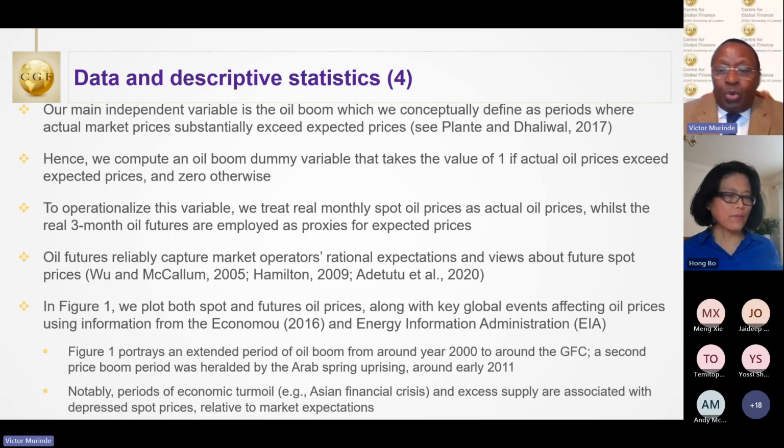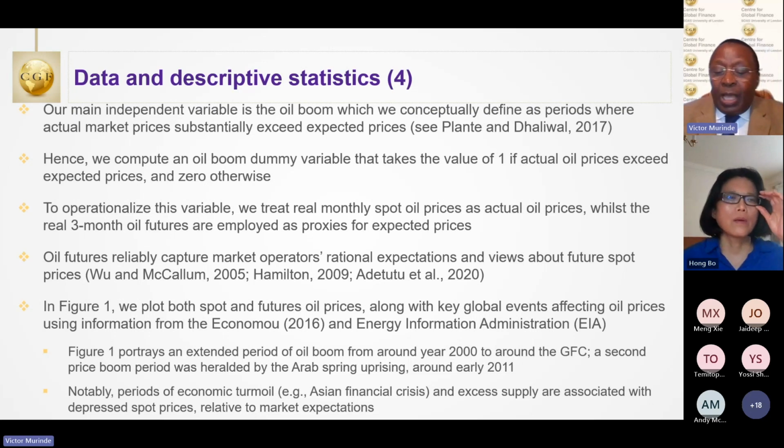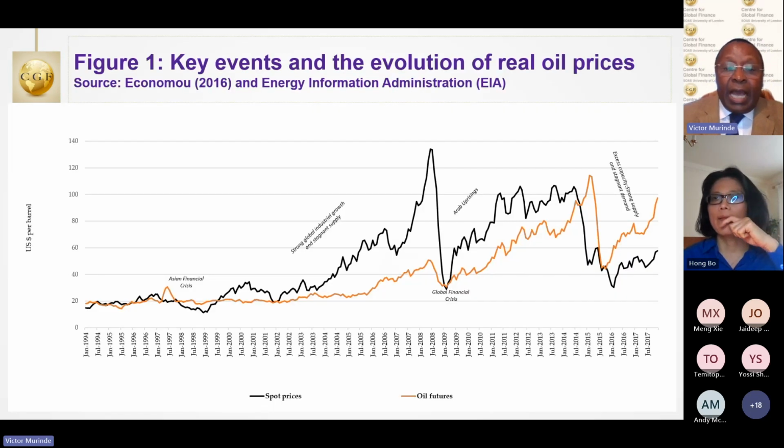Now, I share with you the plot of spot and futures prices, especially to demonstrate what happened around certain interesting features. The plot in black is the spot prices, real, and the colored one is the oil futures.